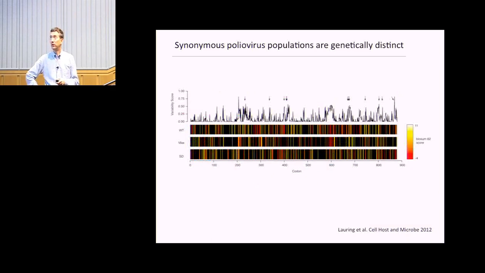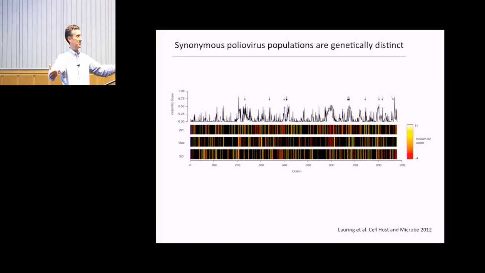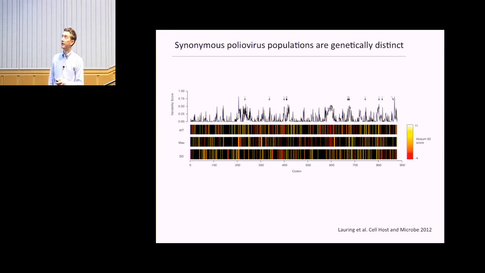We were able to show, using deep sequencing, that these viruses did give rise to a different mutational spectrum. Shown here are the codons across the capsid. It's 881 codons. And this is basically a heat map where each little bar is a mutation that was detected.